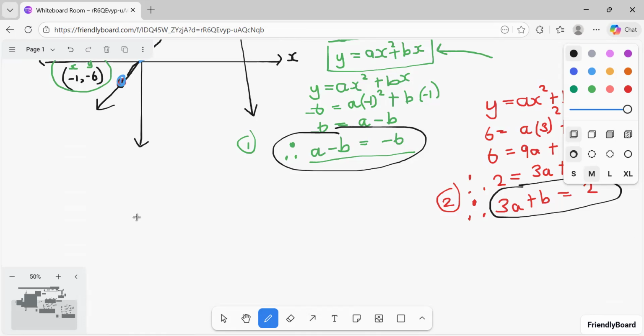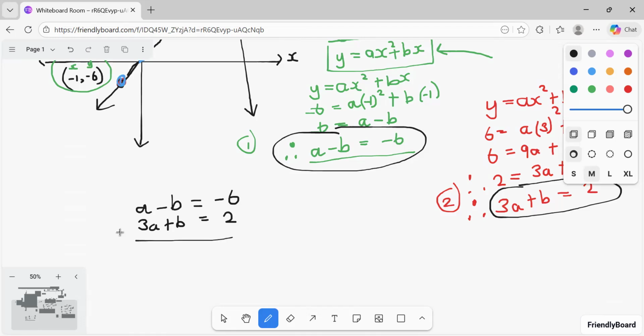So this one is a minus b is equal to minus 6. And the other one is 3a plus b is equal to 2. I'm just going to use elimination here.